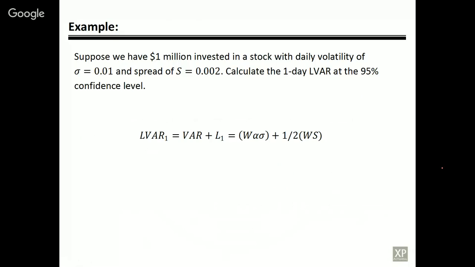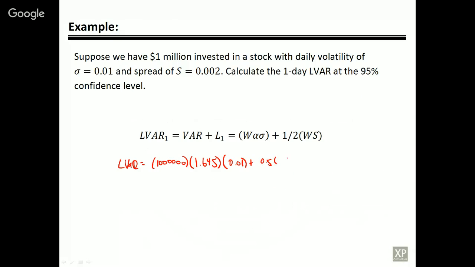Suppose we have 1 million invested in a stock with daily volatility of 1% and spread of 0.002. Calculate the one-day LVAR at the 95% confidence level. So our LVAR would be equal to W, our wealth, or 1 million, multiplied by alpha. In this case, it's a 95% confidence level, so 1.645, multiplied by sigma, 0.01.